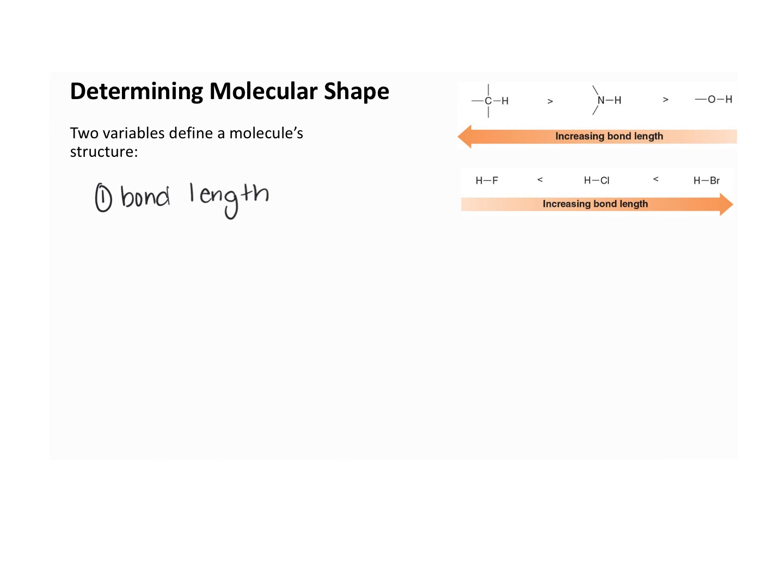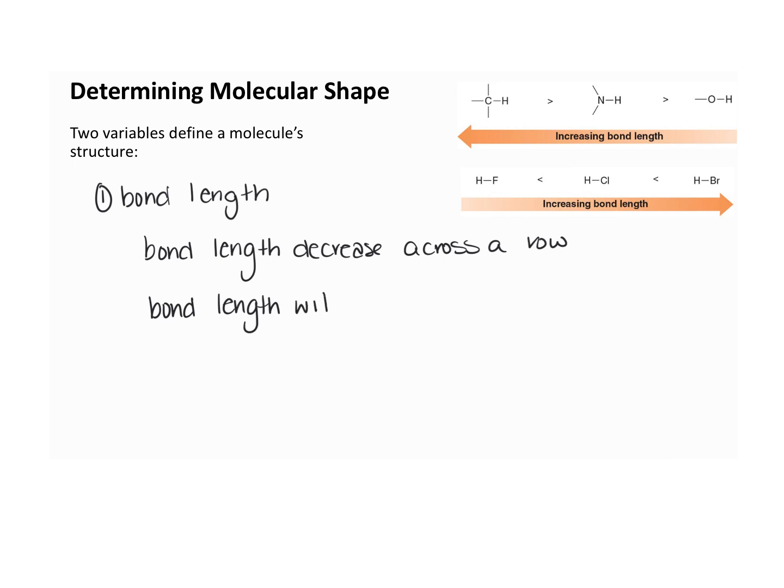atoms, and bond length will decrease across a row of the periodic table, and then bond length will increase down a column.